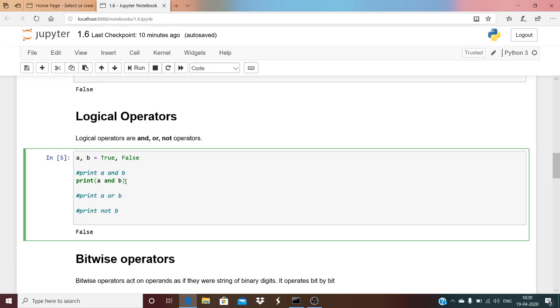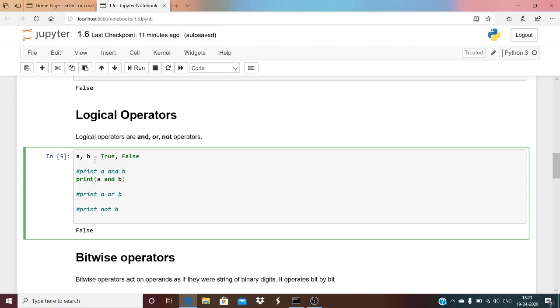And if A has 0, B has 1, it will give 0. But when A and B both have 1, it will give 1 value. Meanwhile, in OR operator, when either of A or B has 1 value, it will give 1. Otherwise 0. It means in OR, only when there are two zeros, it will give 0. Otherwise, it will give 1.